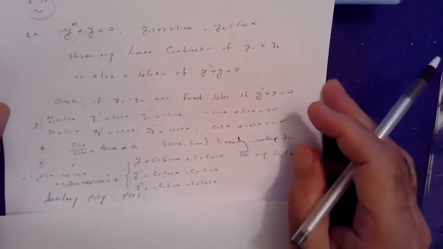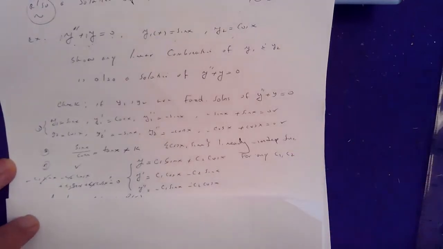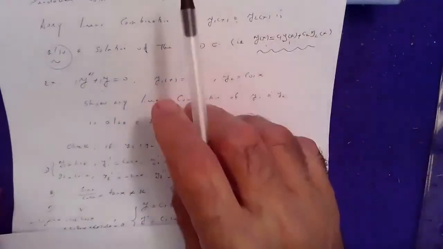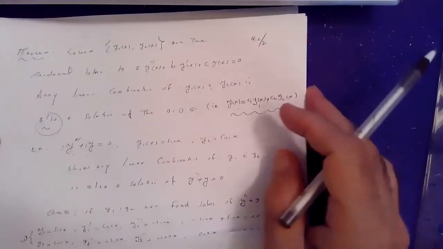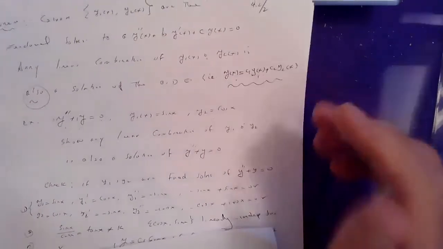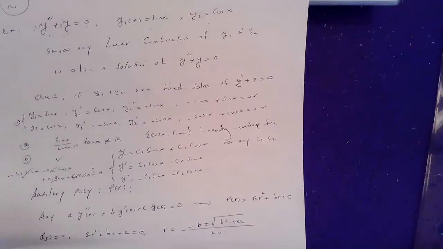So the takeaway from this theorem is what? If you get your hands on fundamental solutions y1, y2, and you check and see they are fundamental solutions, then any linear combination of those is a solution of the differential equation as well.